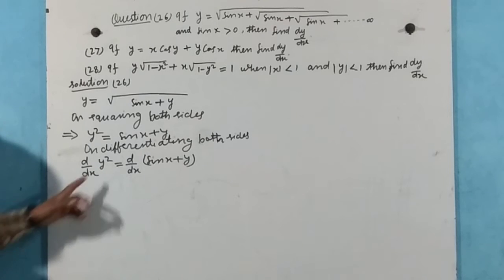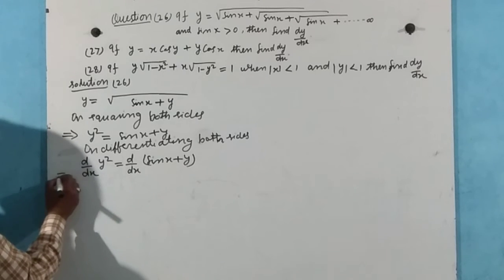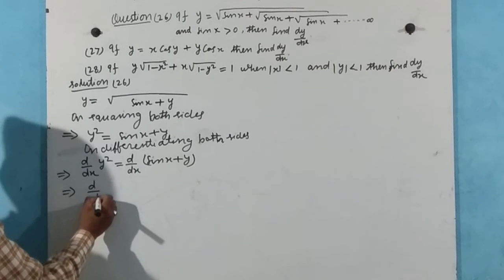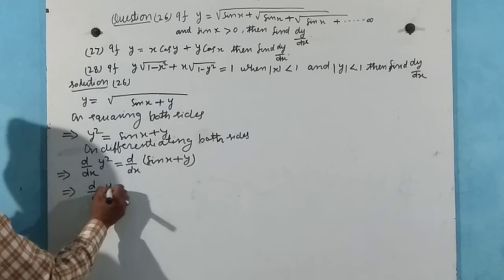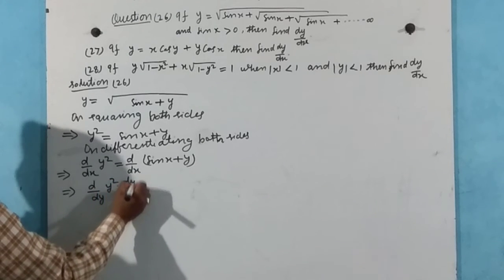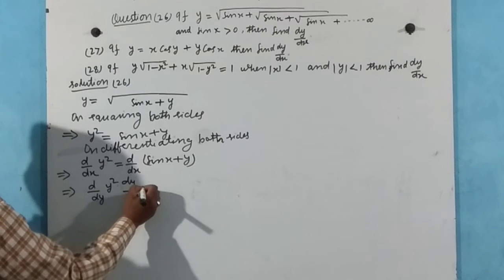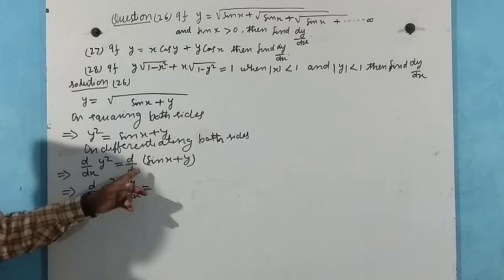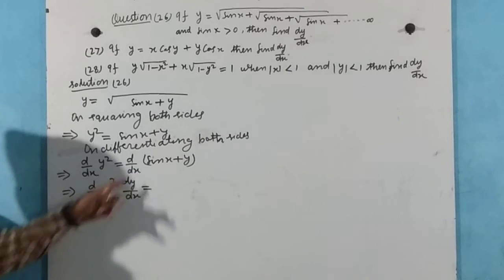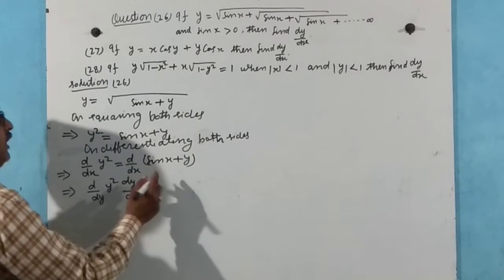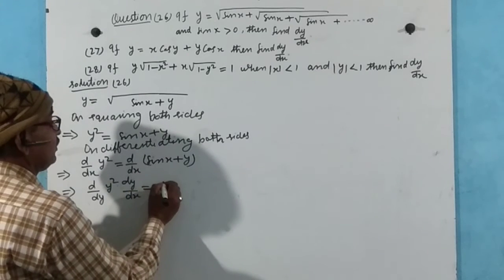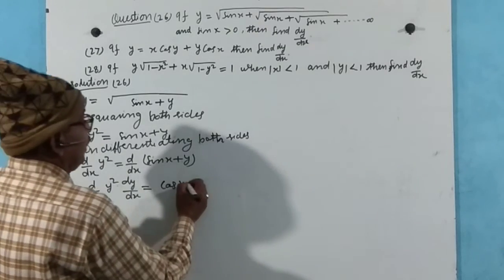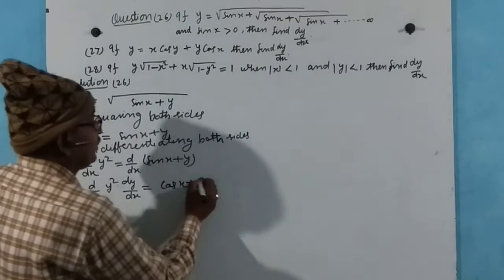Now this is y square, this can be written as d by dy of y square into dy by dx, equal to the differentiation of sin x with respect to x, which is cos x, plus dy by dx.